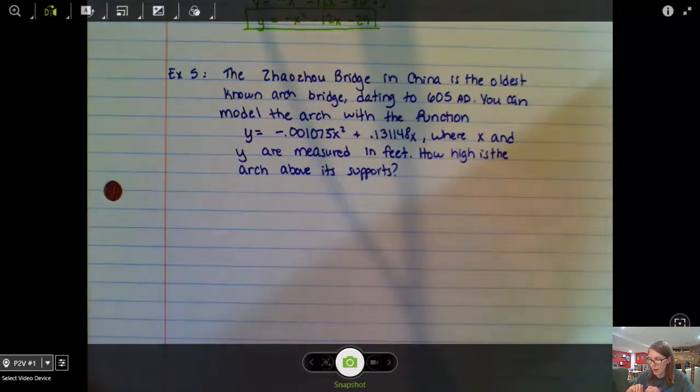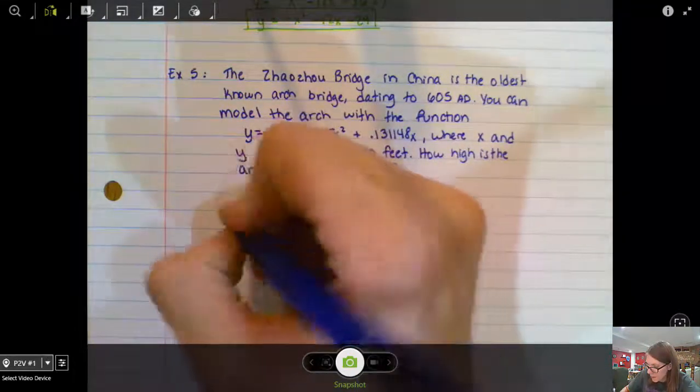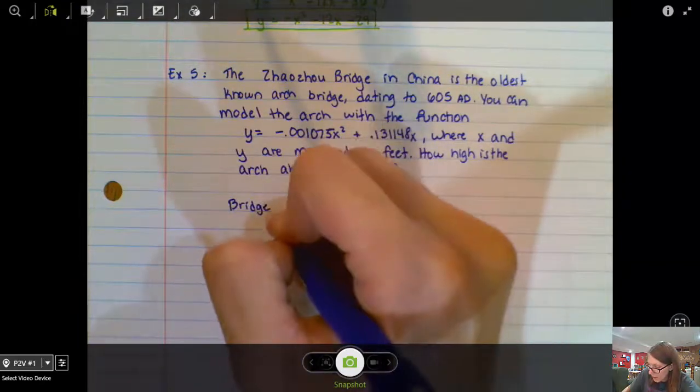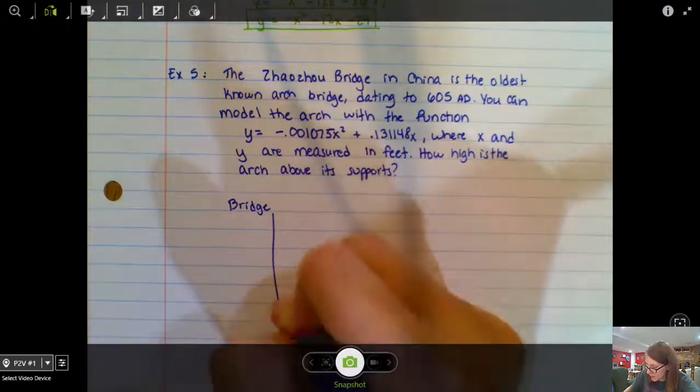Well, if I looked at a graph of this function, my graph is going to look something like this.